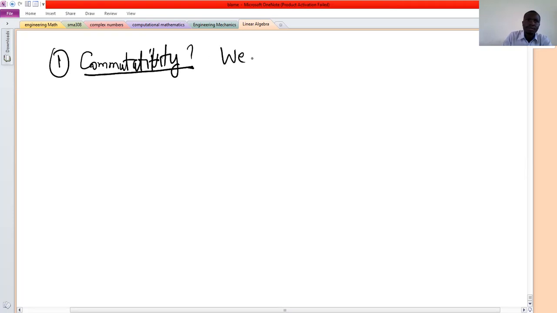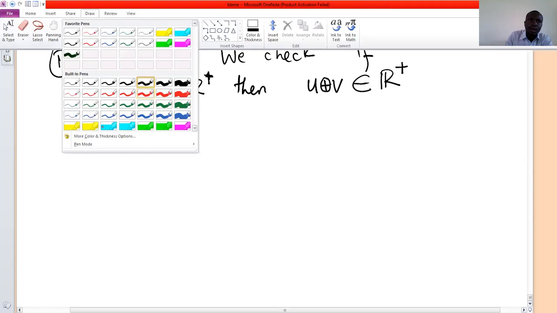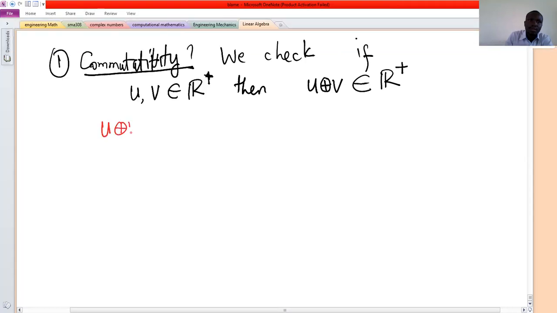So we check if we have elements u, v in this set R plus, then u plus v, this addition in this set, is an element in this set R plus. By definition, u plus v is given by uv.